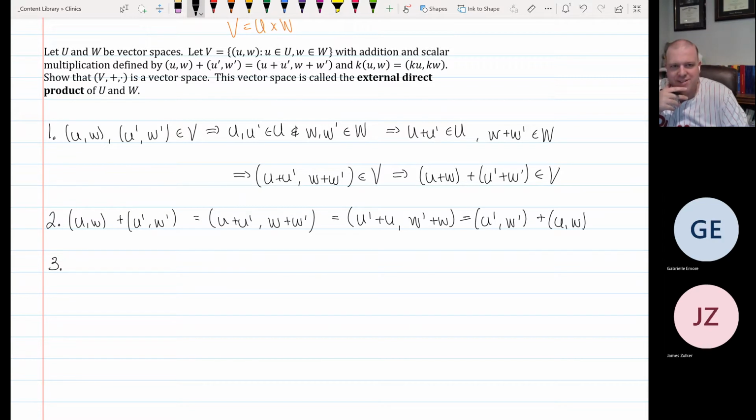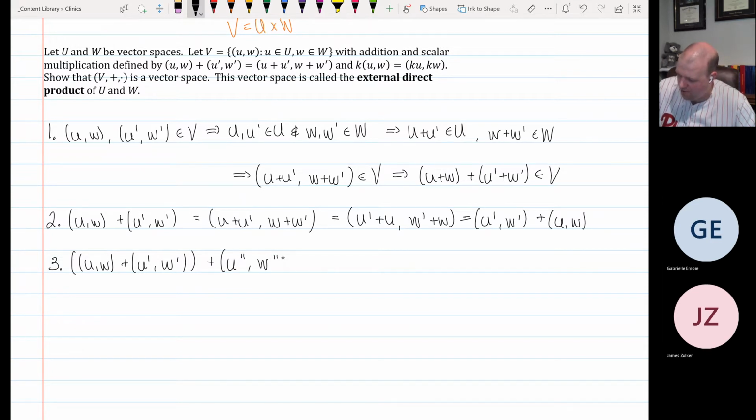We now want to show associativity, right? So we're going to take (u, w) plus (u prime, w prime) plus, let's call it (u double prime, w double prime). So we get (u plus u prime, w plus w prime), right?